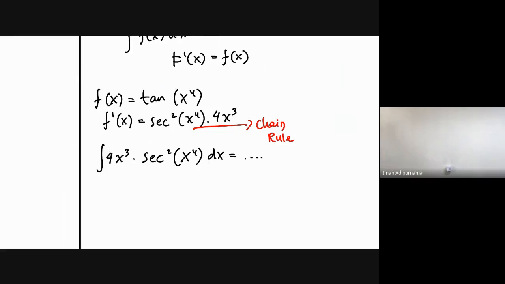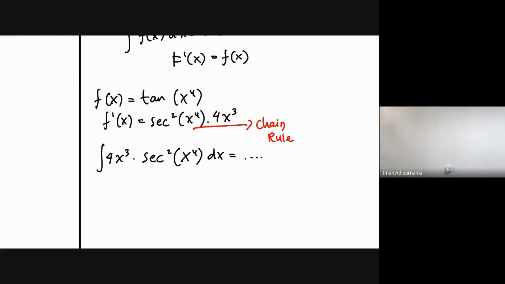I already made my original function tangent of x to the 4. F prime is secant squared of x to the 4 times 4x cubed, right? So if I integrate this, you will get these results.